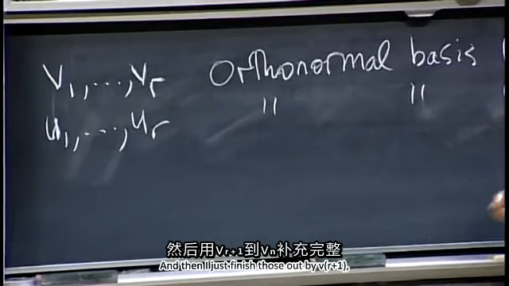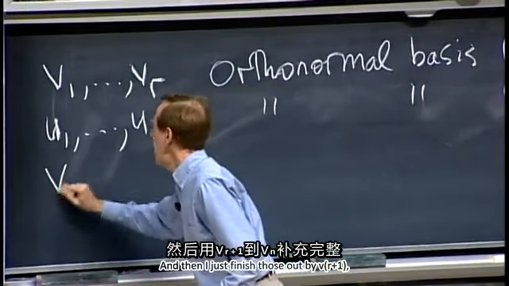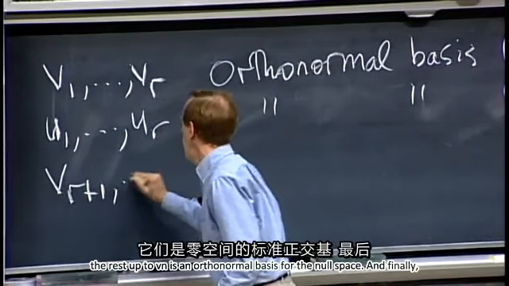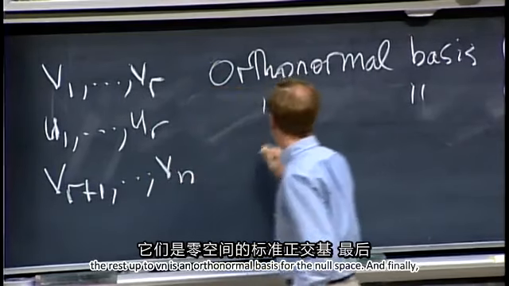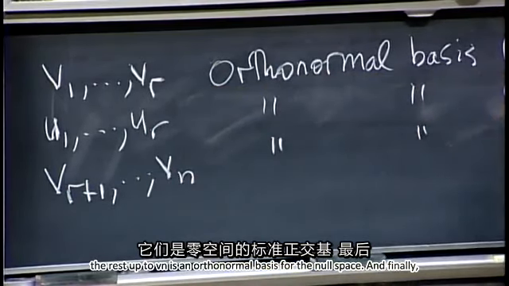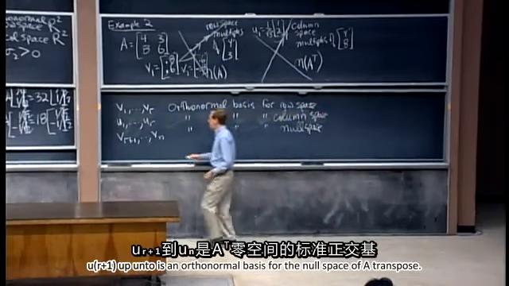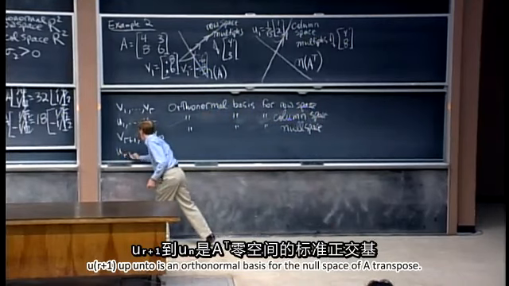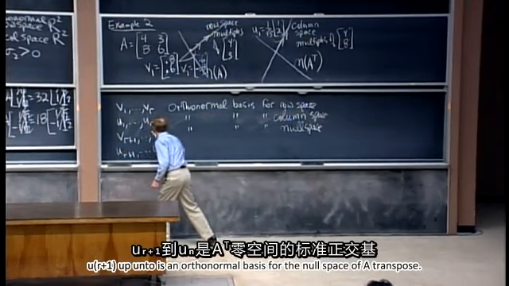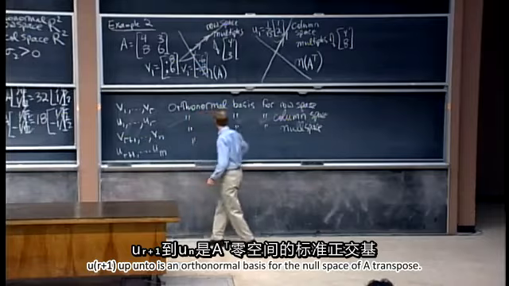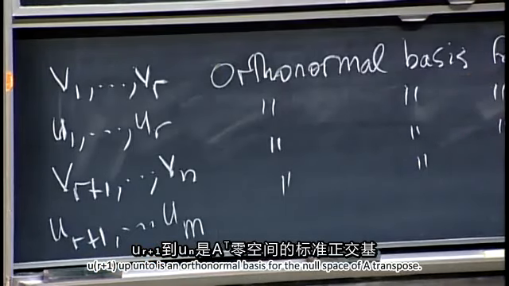And then I just finished those out by Vr plus 1, the rest up to Vn, an orthonormal basis for the null space. And finally, Ur plus 1 up to Um is an orthonormal basis for the null space of A transpose.